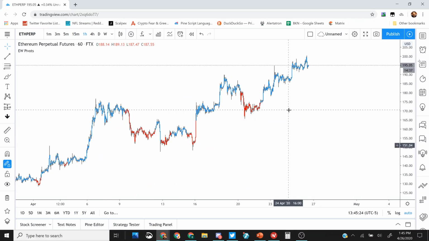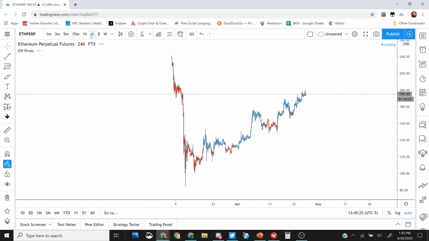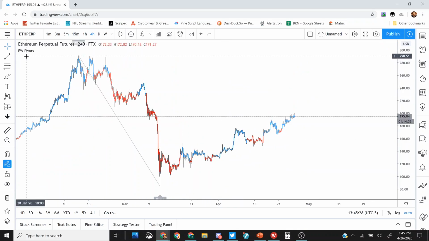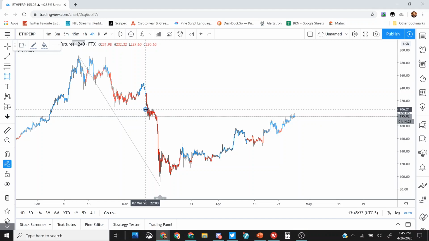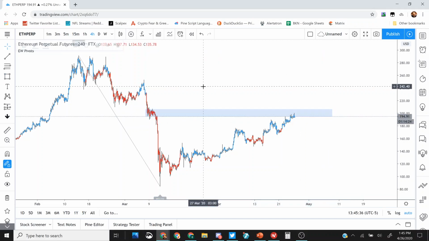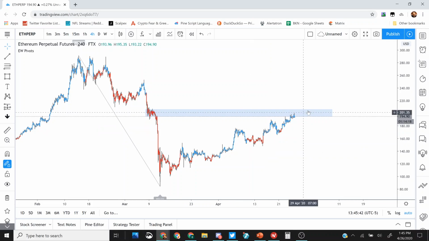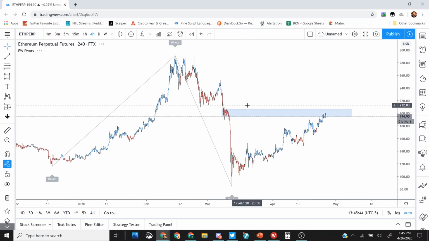So it's time to be cautious. We're in resistance areas. So it's definitely time to be cautious with the longs. We got divergences forming with the resistance zone.